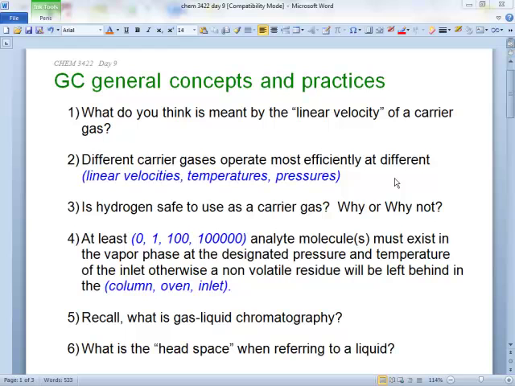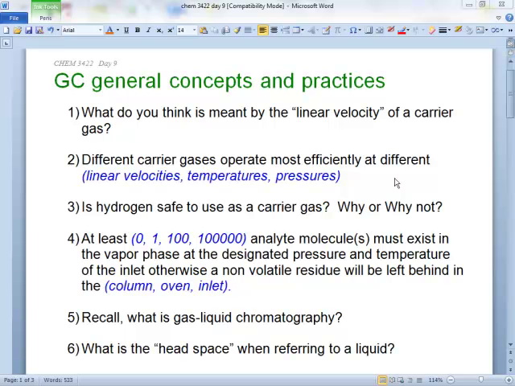They also call it carrier gas. But what do you think is meant by linear velocity? Yeah, it's flow rate essentially, right? Okay. How fast, literally meters per second or something. Okay.